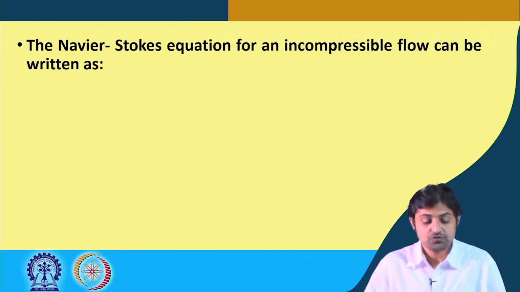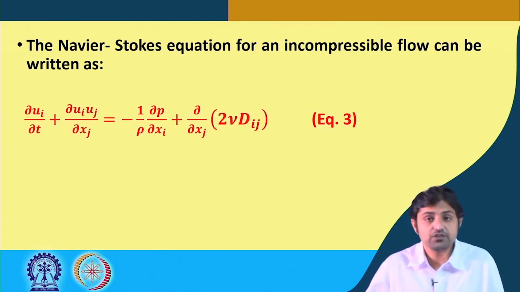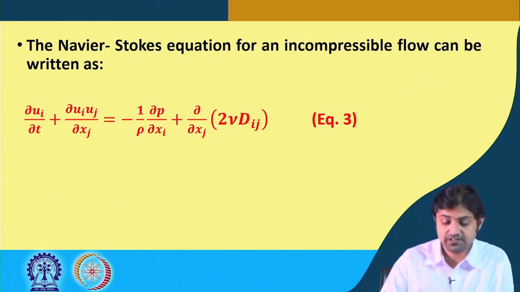The Navier-Stokes equation for an incompressible flow can be written as del ui by del t plus del ui uj by del xj is equal to minus 1 by rho del p by del xi plus del by del xj of 2 nu Dij. This is the standard form.